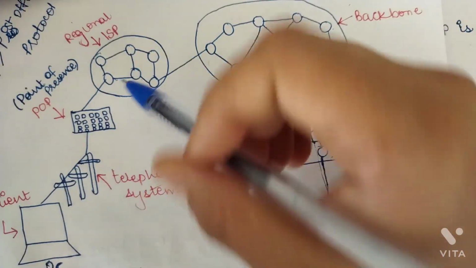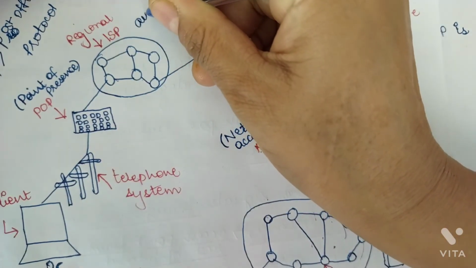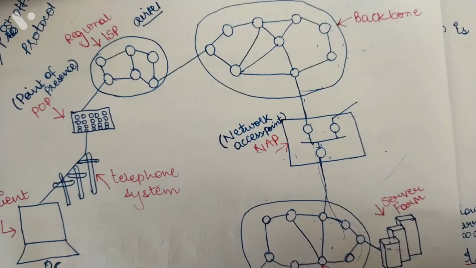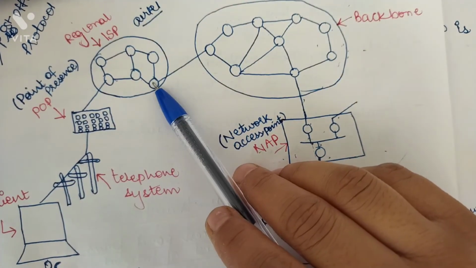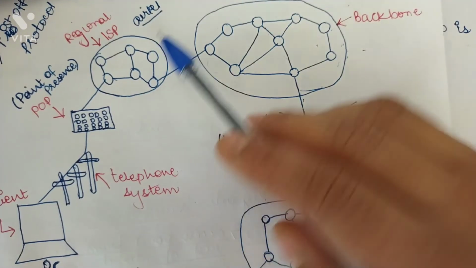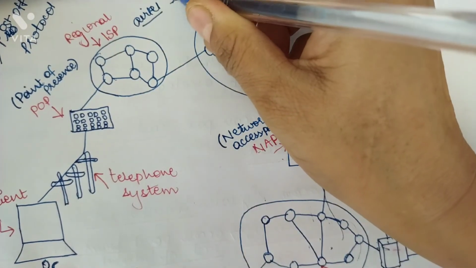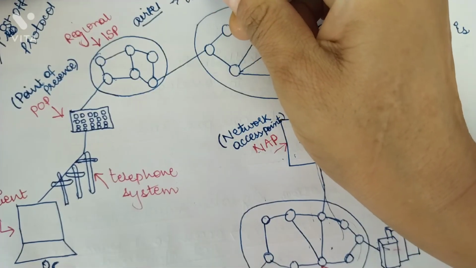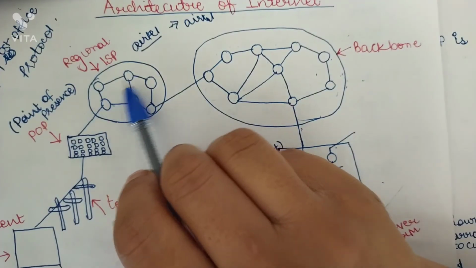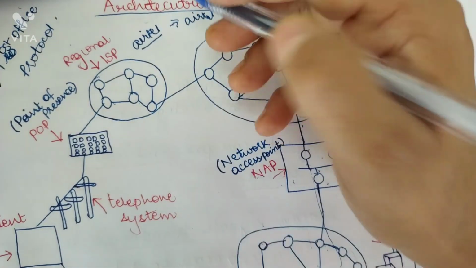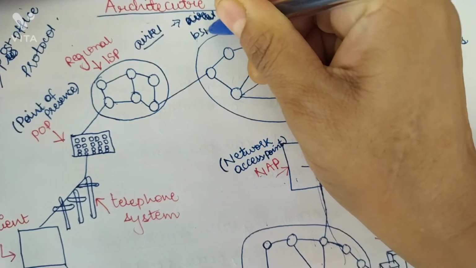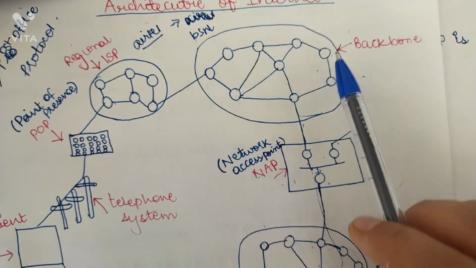Say for example, my packet was sent from a host whose internet service provider was Airtel, and this packet was destined for a host which was again served by Airtel. So in that case, the internet service provider directly sent the packet to that host. But if this packet was destined for BSNL, in that case the packet first was sent to the backbone, right?